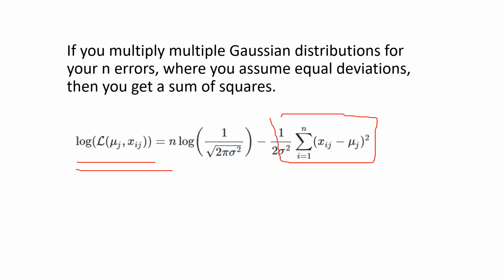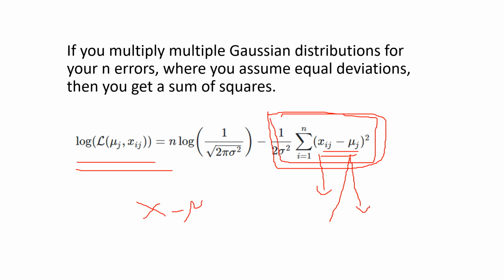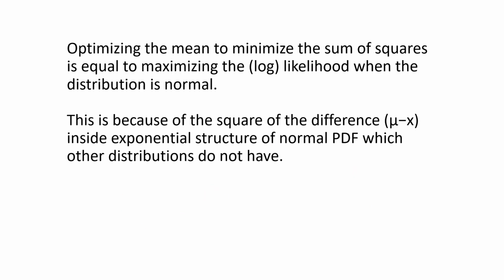So maximizing the log likelihood function would require that we minimize the value of this term, and as we have just seen, this term is the same as the other term which we minimize in the least squares estimation method. So the least squares estimation method, which requires minimizing the sum of squared errors, would correspond with the maximum likelihood estimate method because of the term x minus mu squared, which occurs in the normal density.